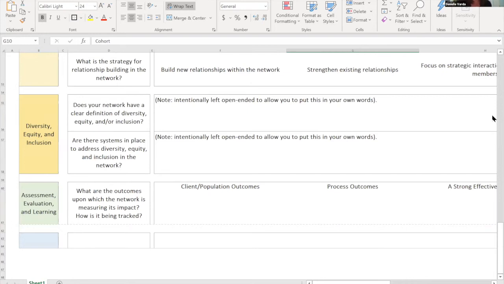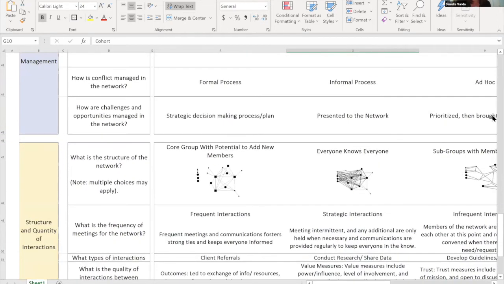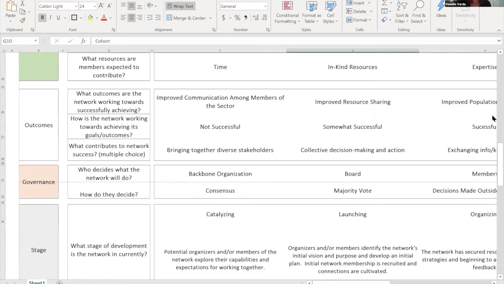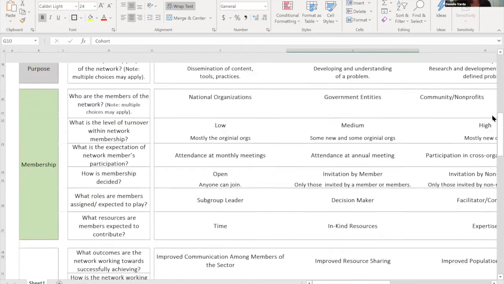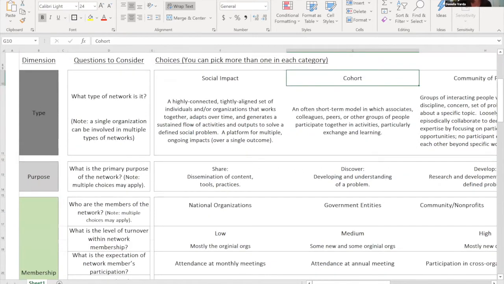All right, so that's the highest level. Those are dimensions, and it is a lot of information, but these are areas that we have spent a great deal of time actually measuring and trying to understand in networks, and trying to think about ways that we can build better networks around these areas.